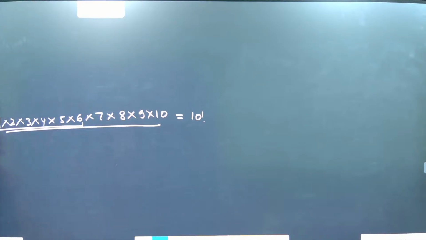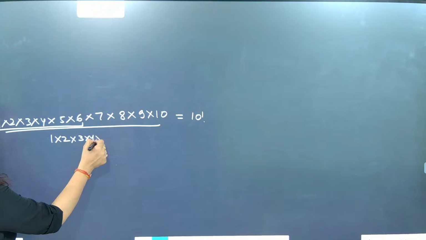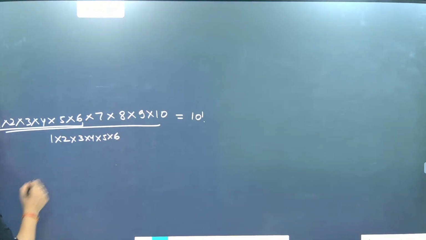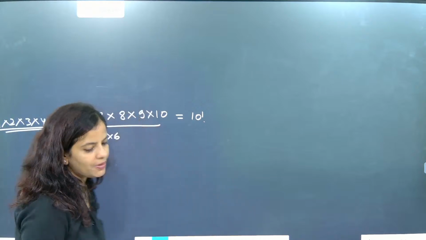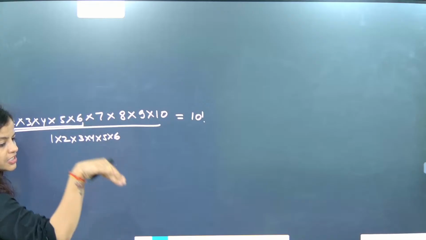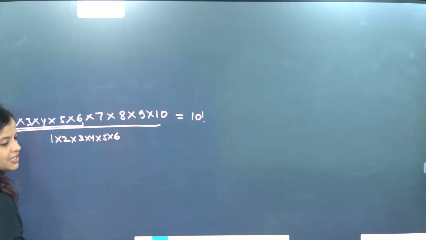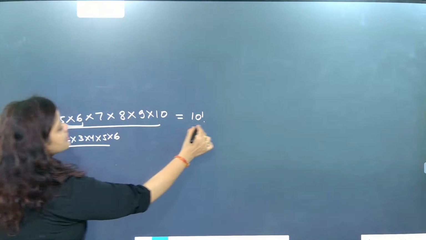So here 6 factorial, 1 into 2 into 3 into 4 into 5 into 6 multiplied up, and down also 1 to 6 multiplied. When both numerator and denominator are multiplied, it becomes 10 factorial by 6 factorial.